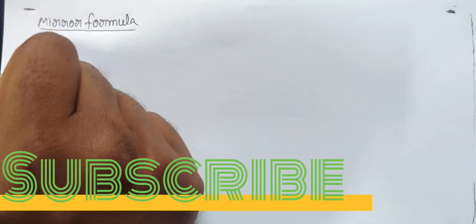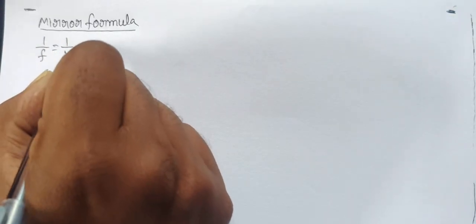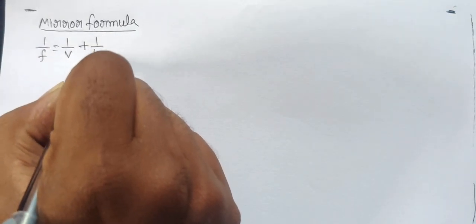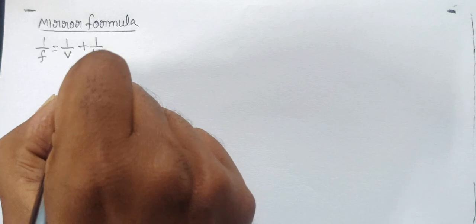First formula is the mirror formula. Mirror formula: 1 by f is equal to 1 by v plus 1 by u.